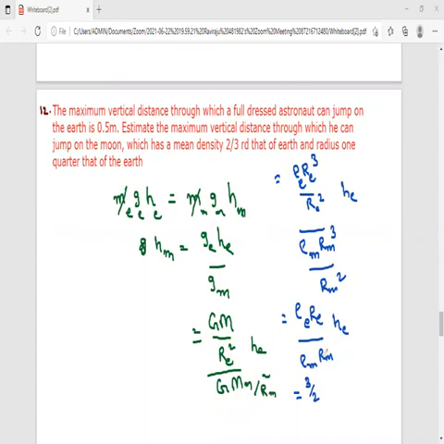Radius of Moon is 1 by 4 of Re, so it will be into 4. And what is h e given? 0.5. Then finally the answer will be 2 into 0.5, 1 into 3. How much will the answer be? 3 meters. So the same person on the Moon can jump up to 3 meters.